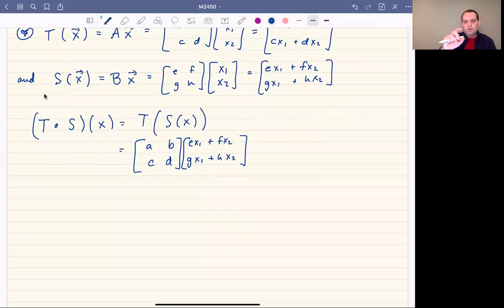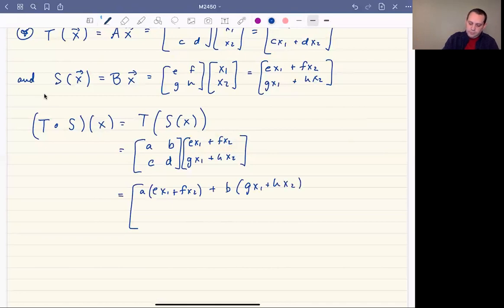We again have the rows that we'll use from the matrix ABCD, and then the column matrix EX1 plus FX2, GX1 plus HX2, and so on. So what we're going to do is get A times this first term, so that's EX1 plus FX2, plus B times the second term, GX1 plus HX2.